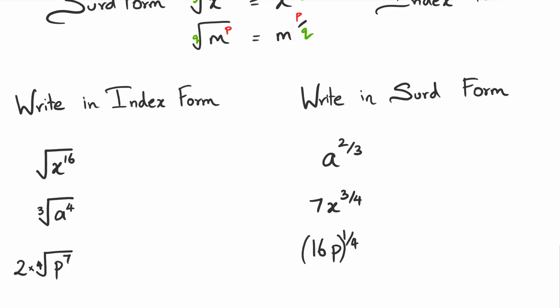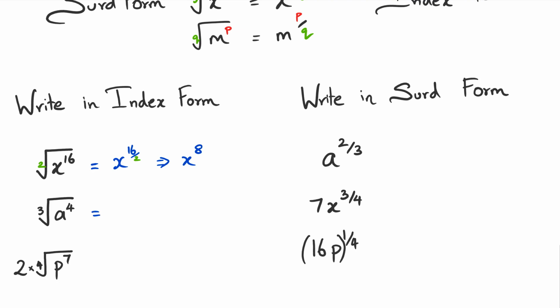So let's have a look at the first question. We've got square root of x to the power of 16. So this could be rewritten as x to the power of 16, and remember that there is an actual 2 there. So this is going to end up being 16 divided by 2, which of course ends up being x to the power of 8. All right. So another quick way to remember that is that if you take a square root of a square number, then the powers actually just get halved.